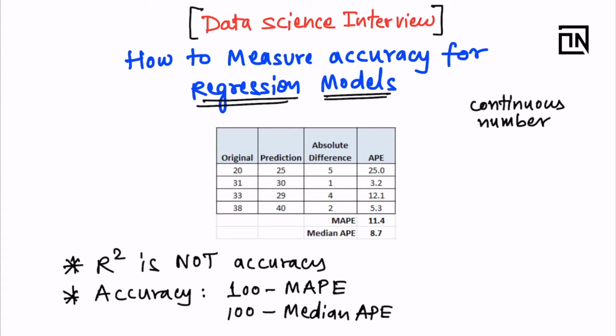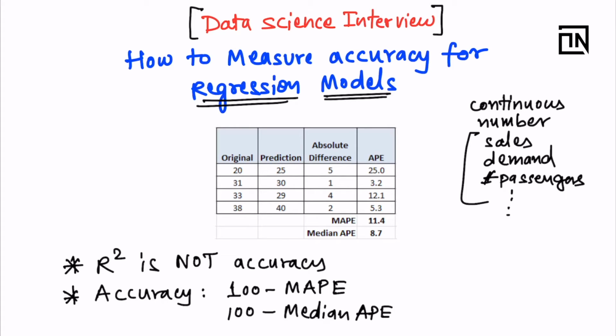When I say continuous number, please imagine sales, demand, number of passengers, etc. So any value which can vary between a set minimum and maximum, and it can take any continuous number within that range. Okay, so that is what we call a continuous number, and whenever your model is predicting something like that, then we say you are doing regression.